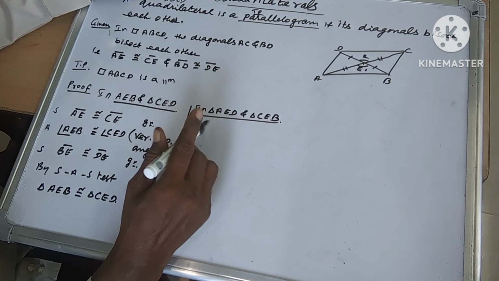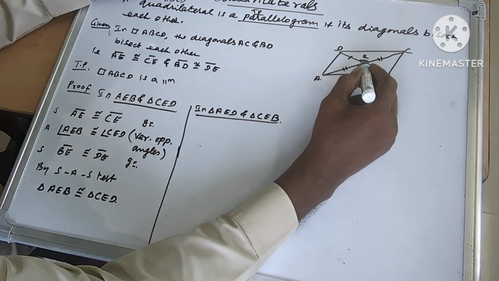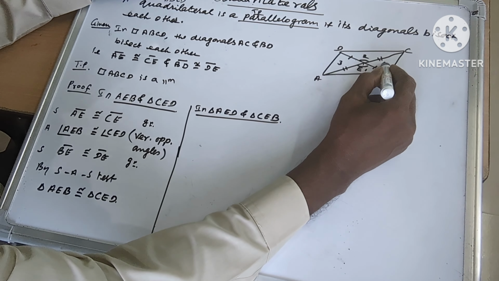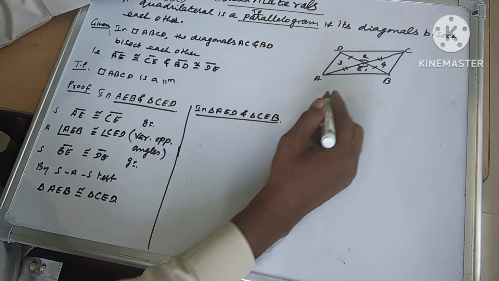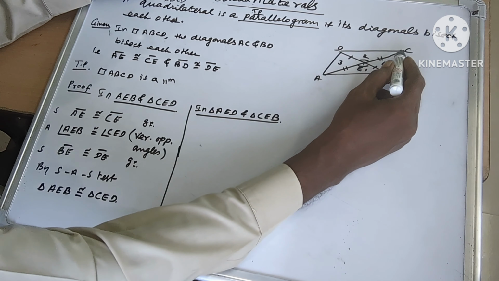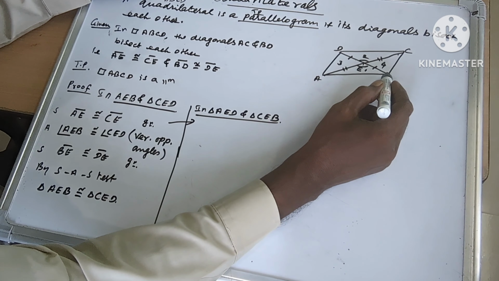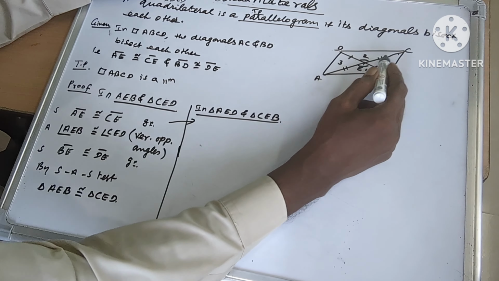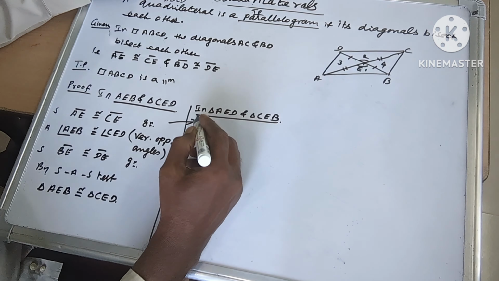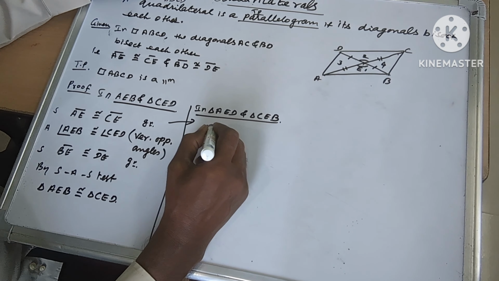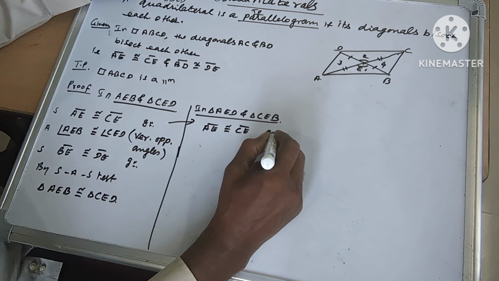Now for triangles 3 and 4, AED and CEB, here also AE is congruent to CE, and BE is congruent to DE. AE is congruent to CE, given.